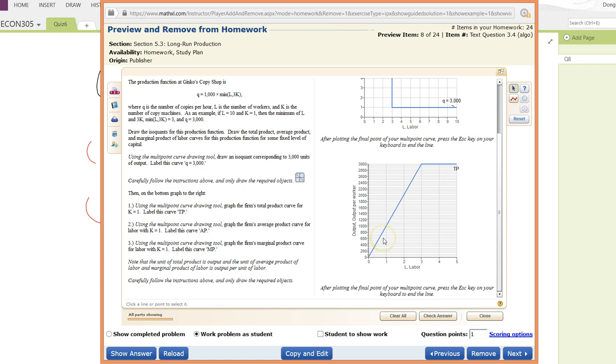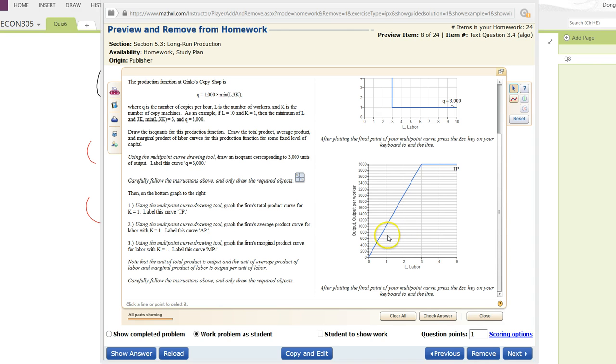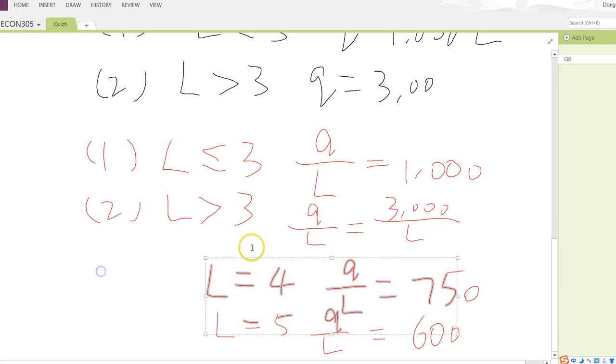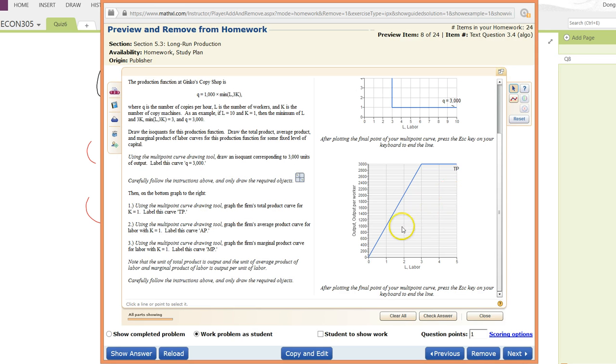So now we can draw this average product curve. When L is less or equal to 3, this AP is a fixed number, 1000. So that's a horizontal part of this AP, fixed at 1000, until L equals 3.